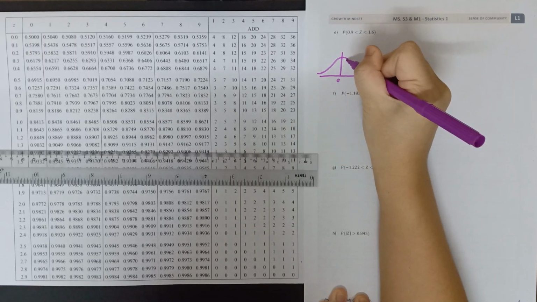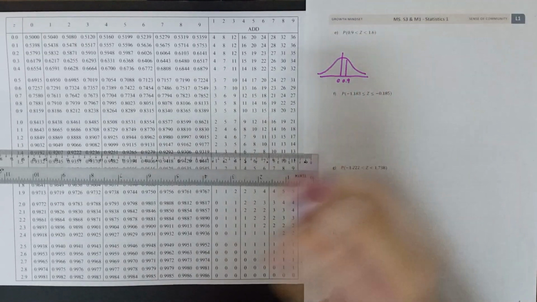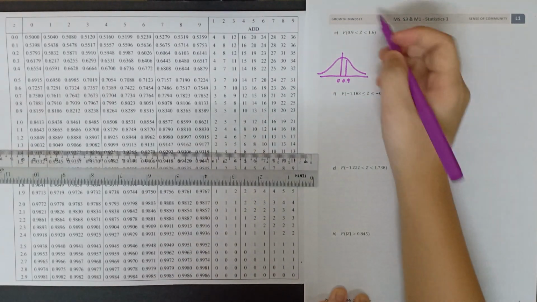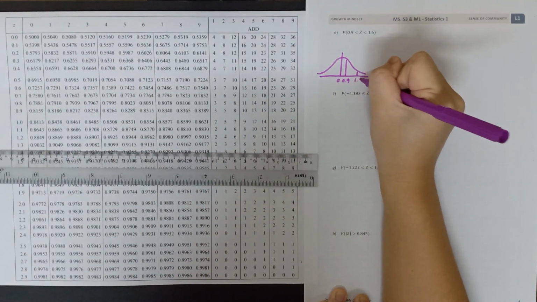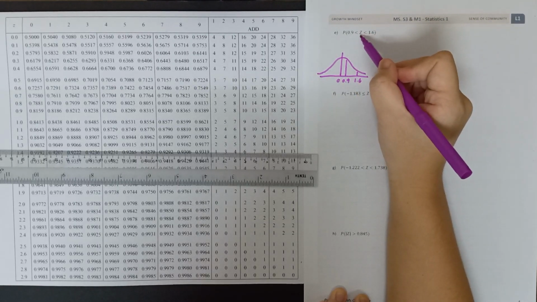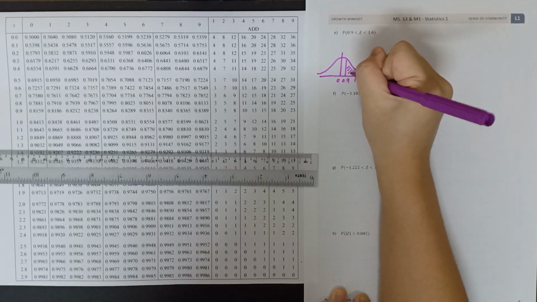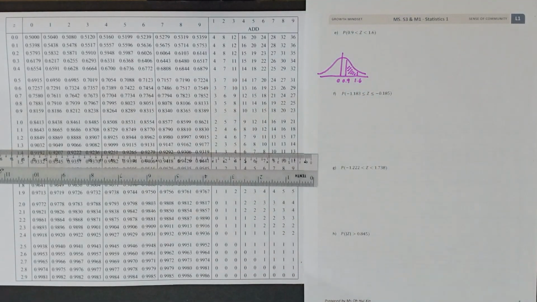So it's going to be maybe somewhere here. Okay, so 1.6 will be even further than 0, right? So maybe here is my 1.6. So I want to find the probability for the random variable between 0.9 and 1.6. So it's somewhere here. Is that okay? So this is the area that I want to find. So how do I find that?